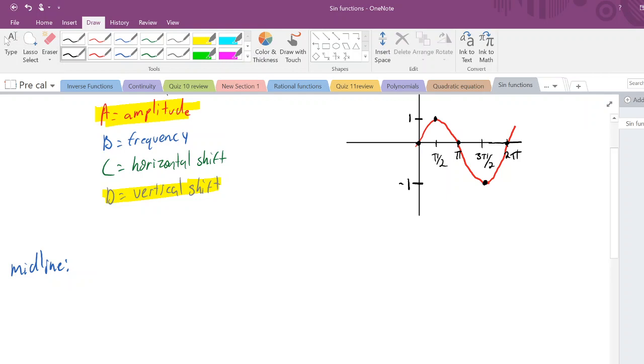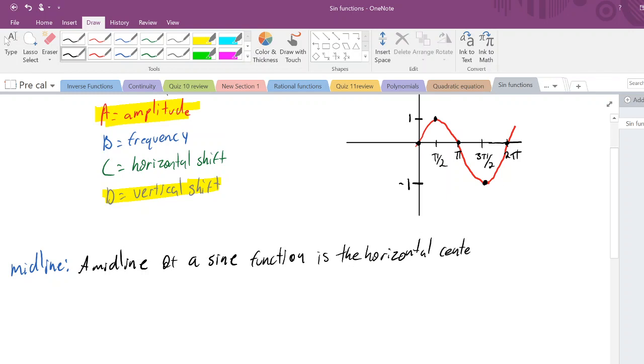A midline of a sine function is the horizontal center line about which the function oscillates above and below.